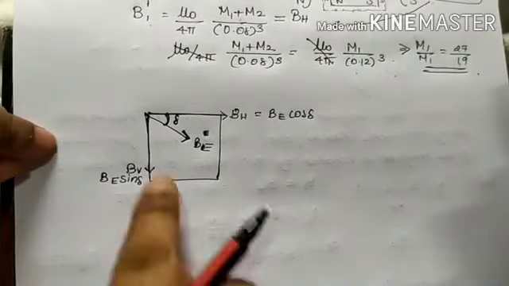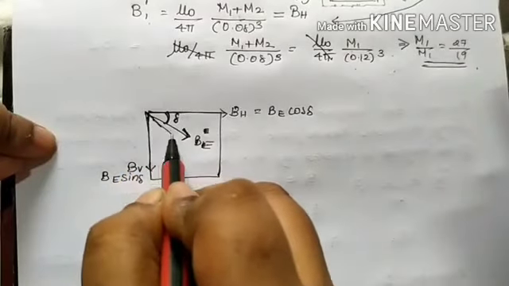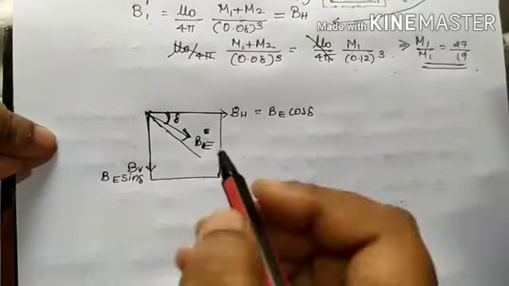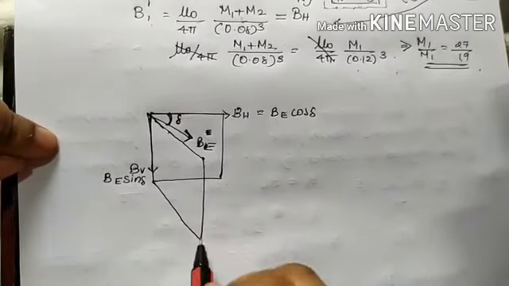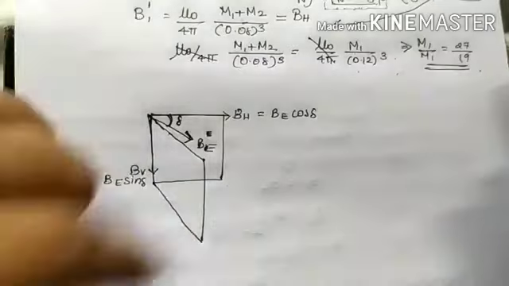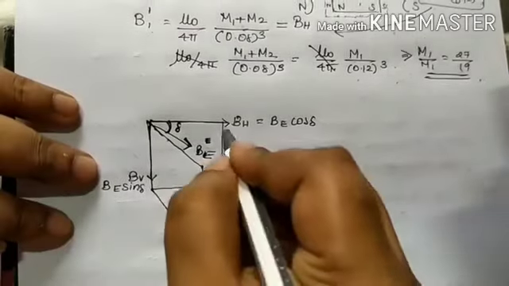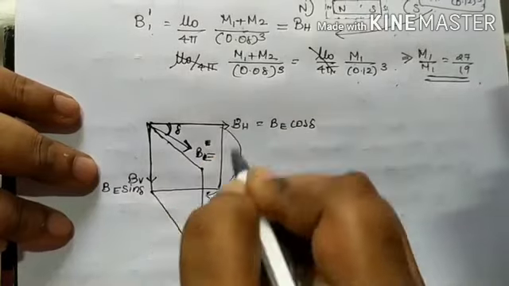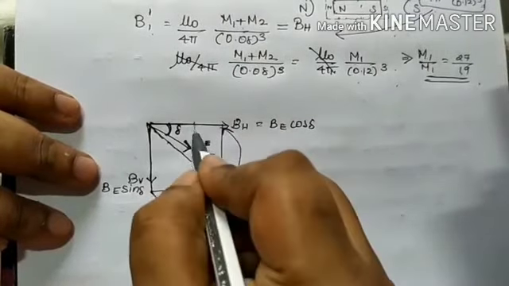Now I'm going to consider another plane other than our magnetic meridian. Say I'm going to draw it like this. This is like a book, right? Now this dip needle is to be placed on the second plane which I have drawn. And both the planes have an angle, say theta, between them.